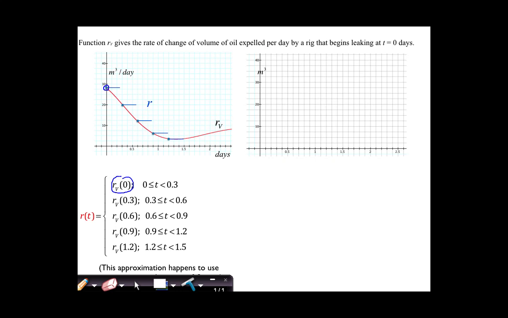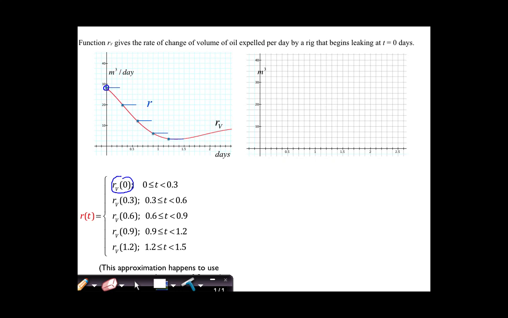R sub v of 0 is referring to the dependent value on the red curvy graph when the independent value is 0. So this is the value of the exact rate function when time is 0. It looks like about 28, but to express it precisely, I could just say r sub v of 0, and that refers to whatever that height is exactly.